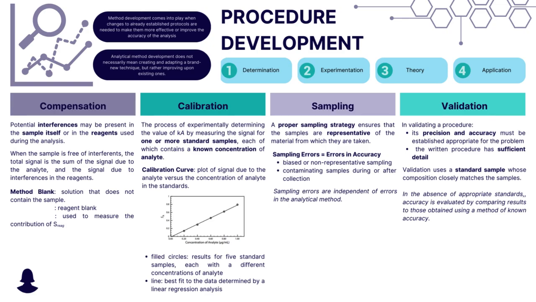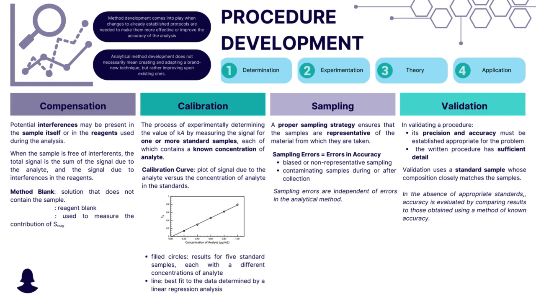When the sample is free of interferences, the total signal is a sum of the signal due to the analyte, or SA, and the signal due to interferences in the reagents, or SRH. To solve an equation for analyte concentration, an independent determination of SRH is necessary.